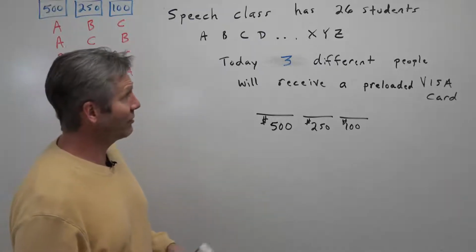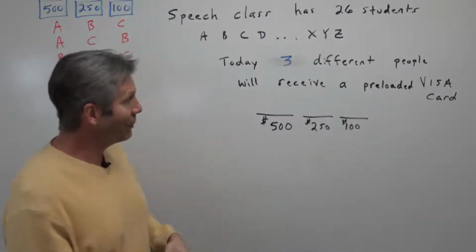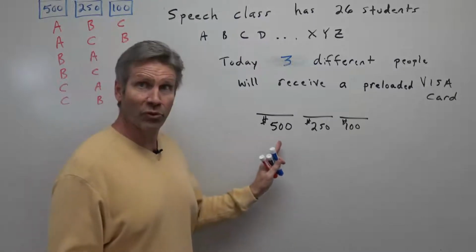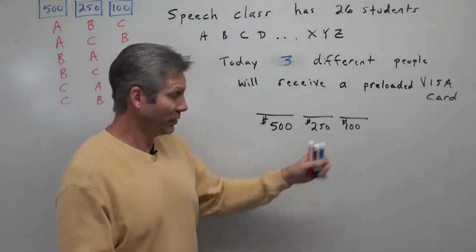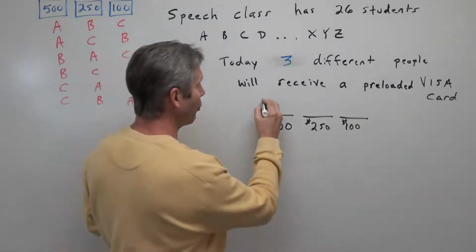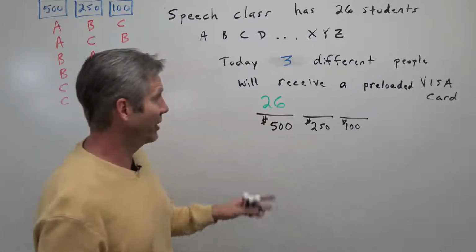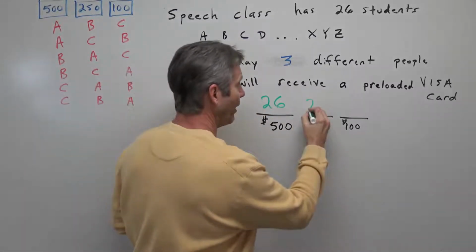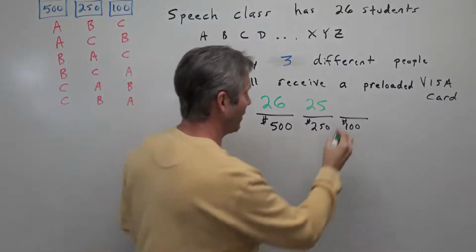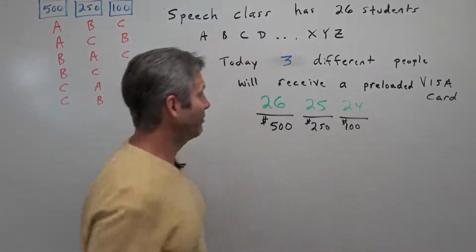How many ways, if they have to be different people, can students receive the $500, the $250, and the $100? Well, any one of 26 people could get the $500 card. That leaves 25 left to get the $250 card and 24 left after that.